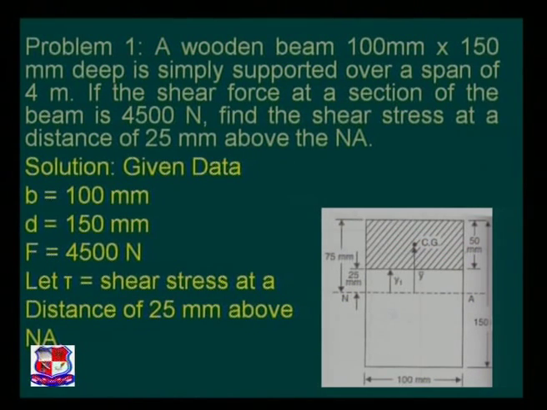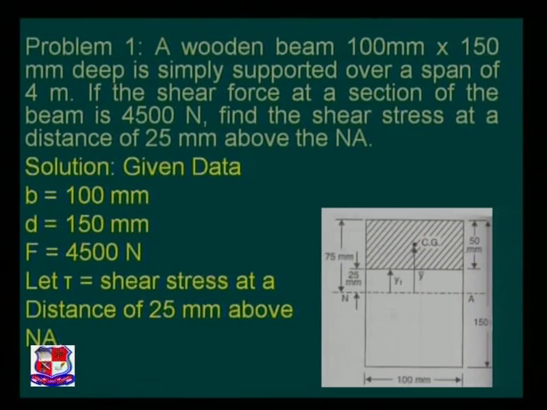A very simple question, which is a direct application of the formula that we have derived, so let us solve this problem using the basic concept of this equation. What is the given data? First, a wooden beam has been given to us with its cross section. Let us draw a figure on this tabletop.